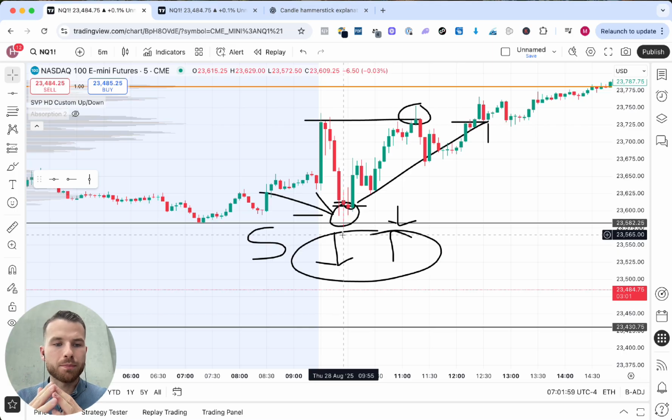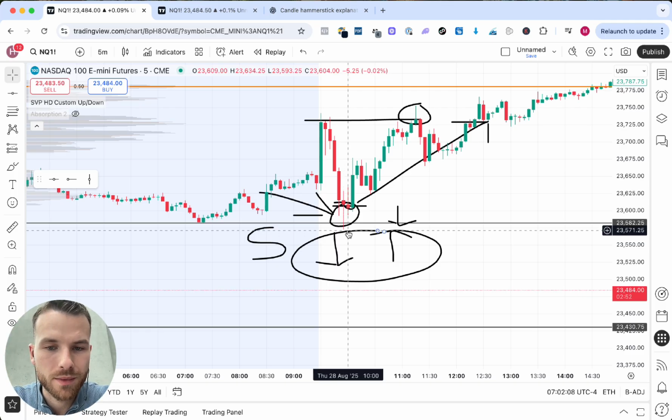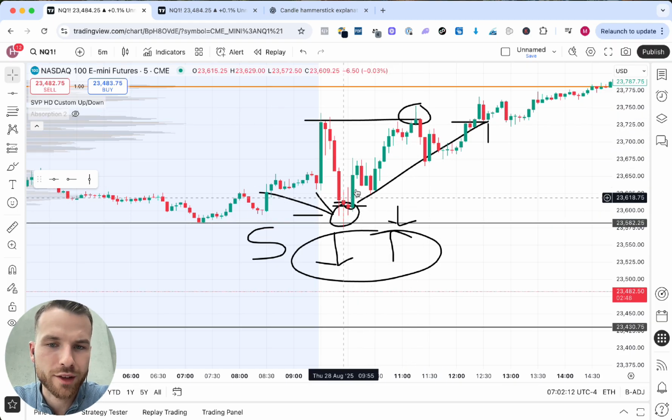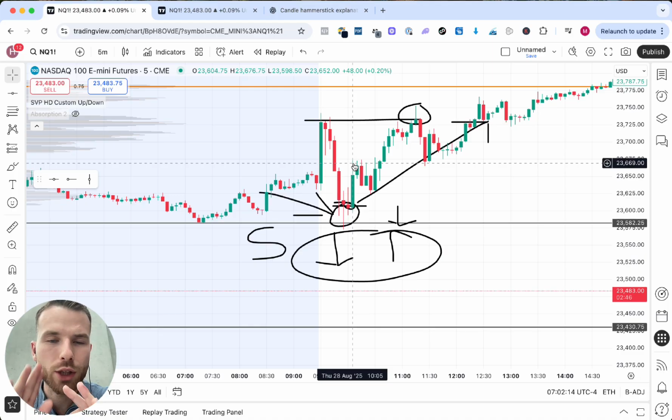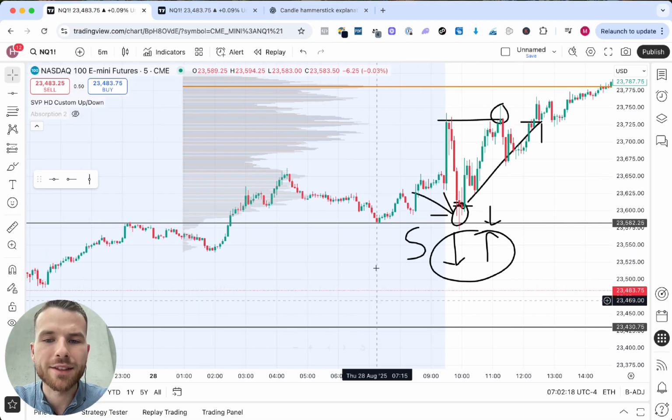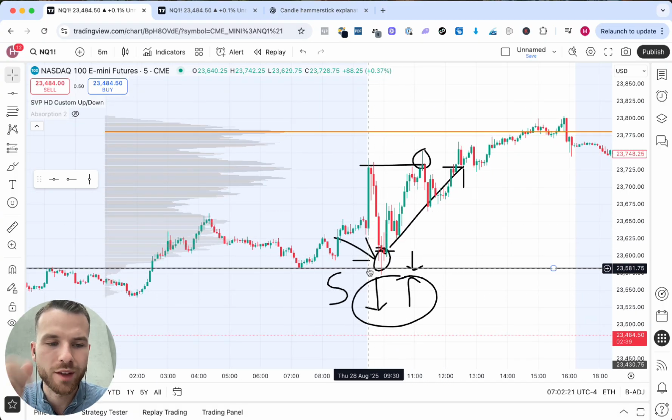So Bookmap basically lets you look inside these candles, inside of what is happening inside these candles. And once you see what you need to see, then you get in here and you sell all the way up here, potentially here somewhere in the middle, just for a nice profit. And you can do this once a day, twice a day, 3 times a day. It doesn't really matter. There's chances every single day with this candlestick pattern.